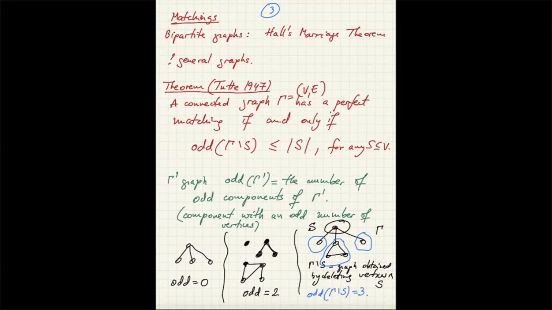So I hope this explains clearly what is the meaning of odd, and what we mean by gamma minus S. Okay. So I won't prove this theorem, but I'll give you just the easy implication from it, showing where this condition comes from.